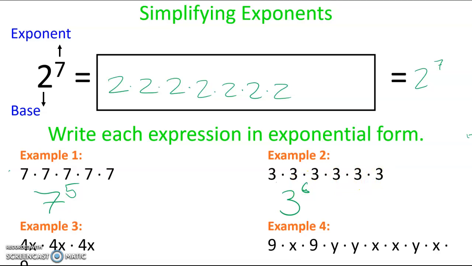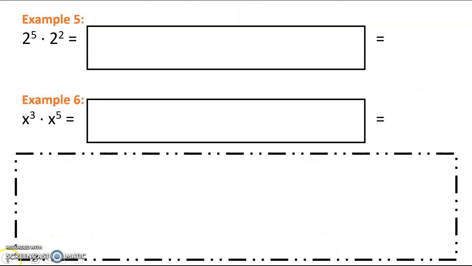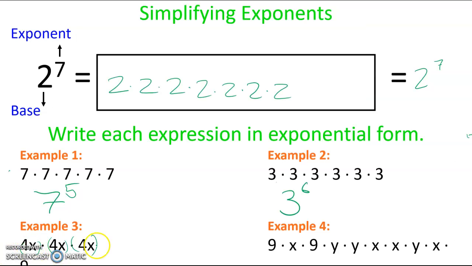Now, example 3, there's a couple different ways we can look at grouping those together. We can group the 4x's all together in a parenthesis on its own, and then count how many times you have it.